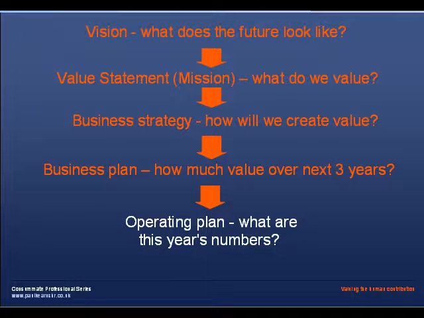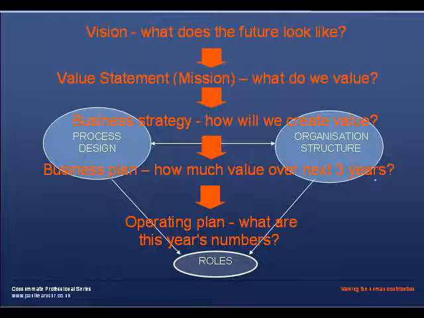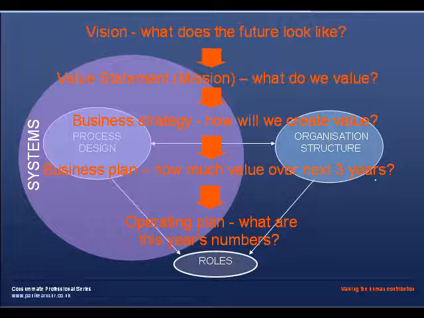Now underneath this planning process is an organisation design process, and this consists primarily of a three-cornered triangle, the golden triangle of organisation structure. That's how you produce an organisation chart. The processes the organisation uses, and these two things come together to define the roles of individual employees. But we need to overlay on top of this a system, an organisational system, and we will do that in a moment or two.